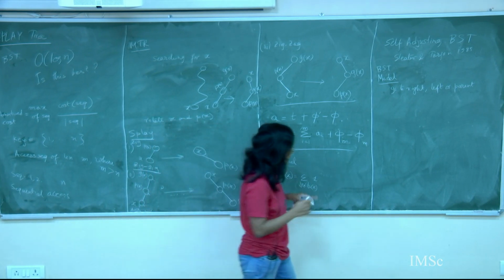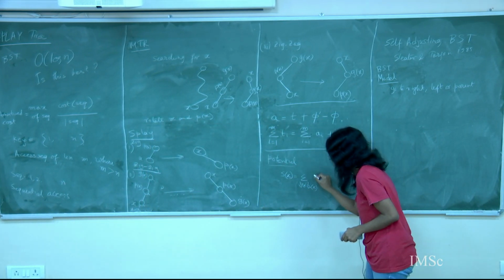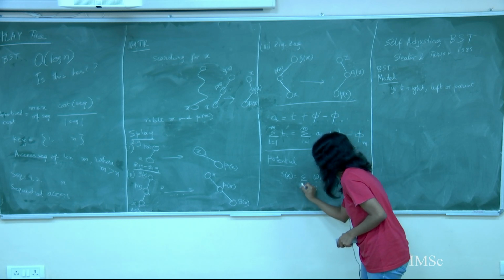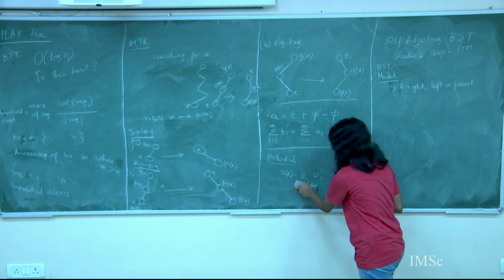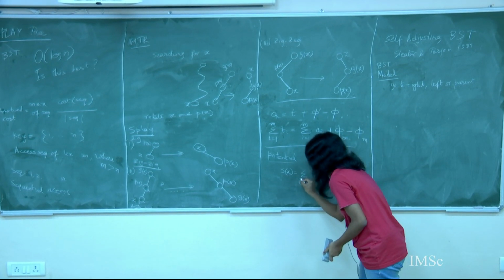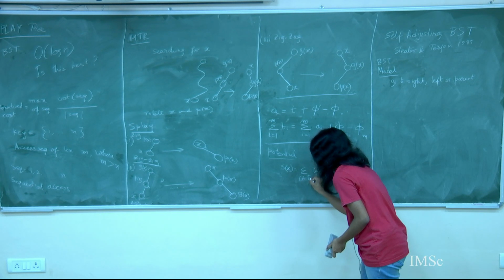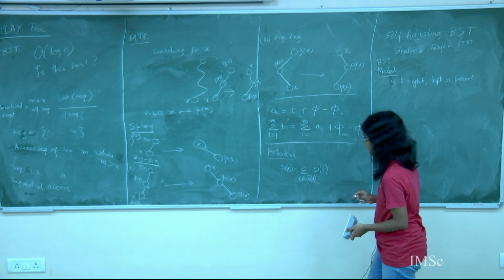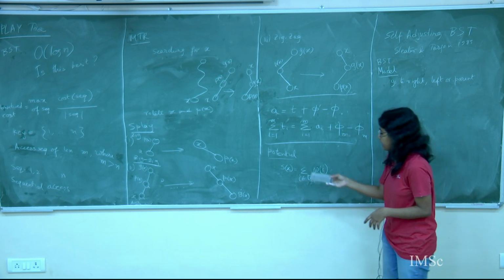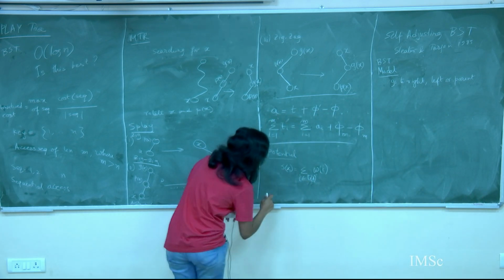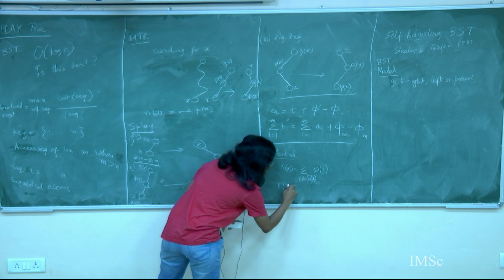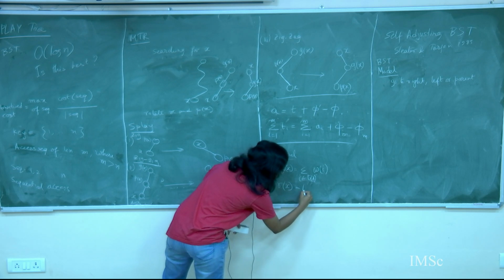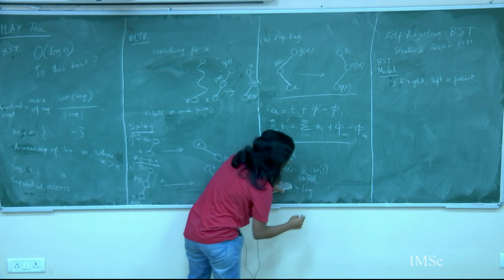Instead of putting 1, I will put here some weight. So for each element i, the weight of i, and then I will define the rank of that node to be the log of this size.